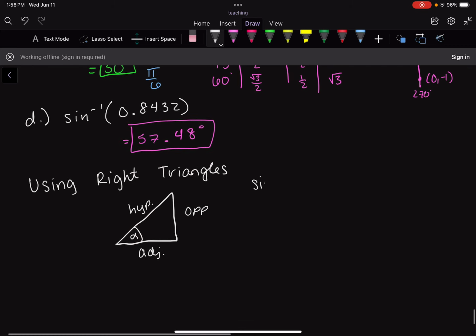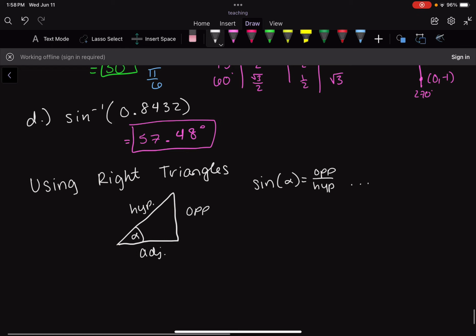Also, I had mentioned before that sine of an angle is opposite over hypotenuse, and so on and so forth. I gave this in 1.4, so it's actually talked about in 1.5, but sometimes I go a little bit out of order from the book if it feels natural.